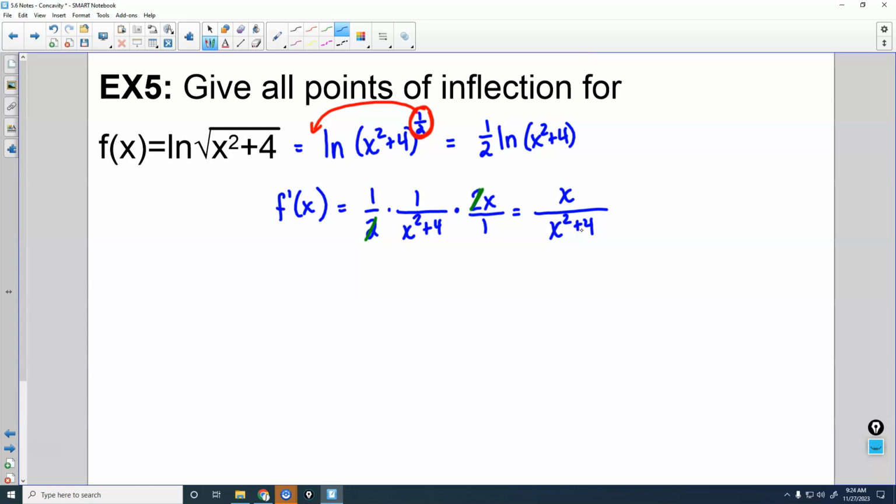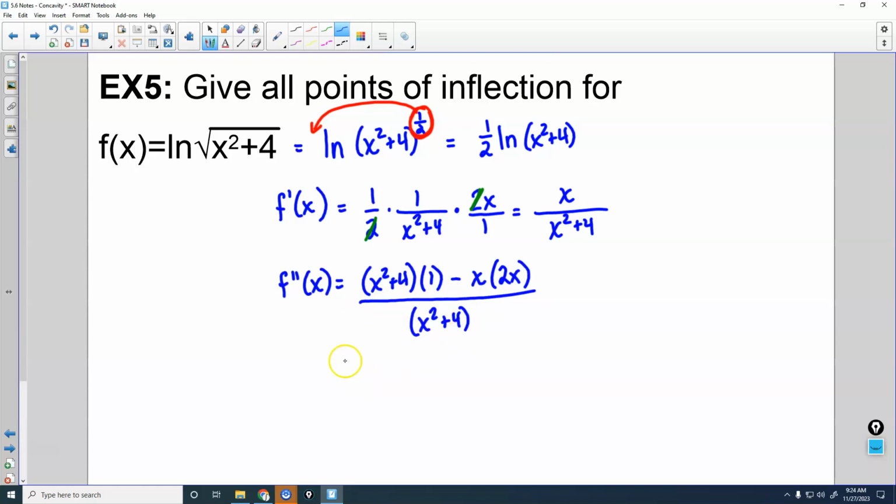Now I need to take the second derivative. What am I going to have to use for that second derivative? Quotient. So f double prime of x is going to be x squared plus 4 times the derivative of x, which is just 1, minus x times the derivative of x squared plus 4, which is 2x, all over x squared plus 4. And so if we do this, we will get x squared plus 4 minus 2x squared.